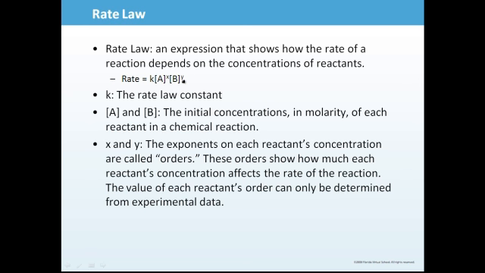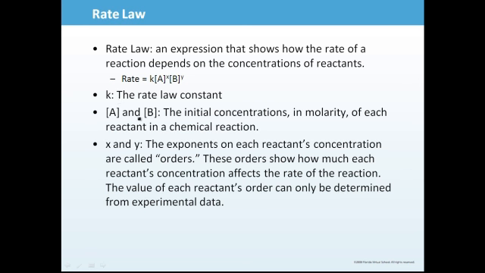So let's break this apart, what this means. Of course, rate is just that. It's the rate that we're looking for for that particular reaction. k is the rate law constant, and the rate law constant will change depending on the reaction we're talking about.